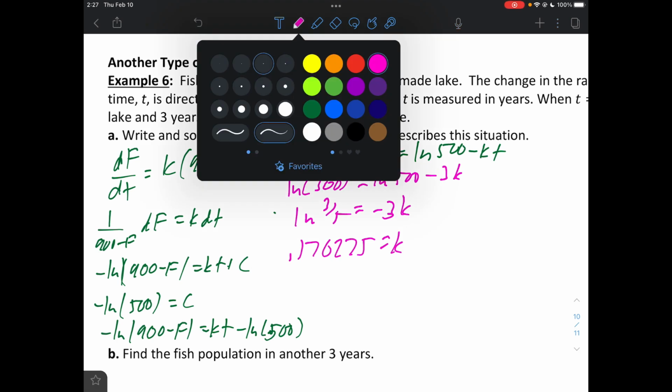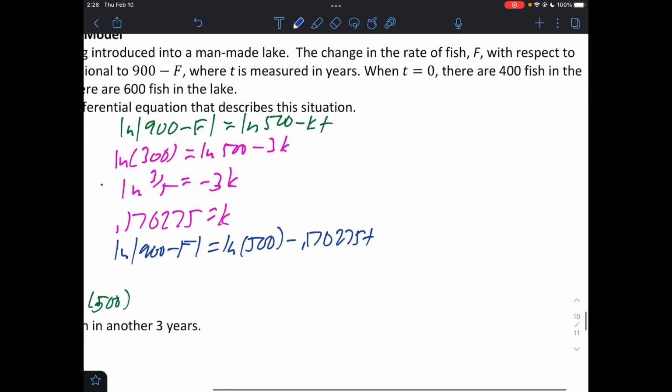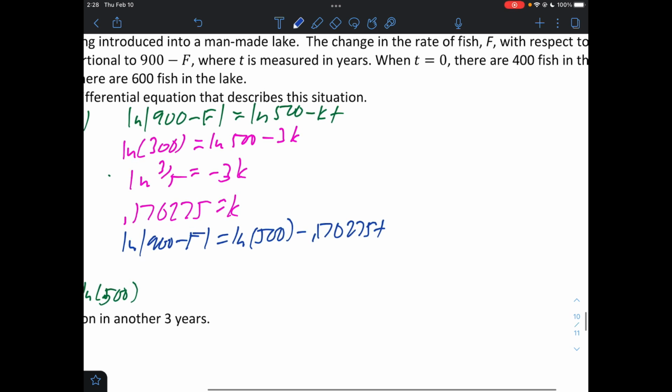So now our equation is ln(900 minus f) equals ln 500 minus 0.170275t. And that's what we've got to solve for f. So 900 minus f equals e to the ln 500 minus kt.